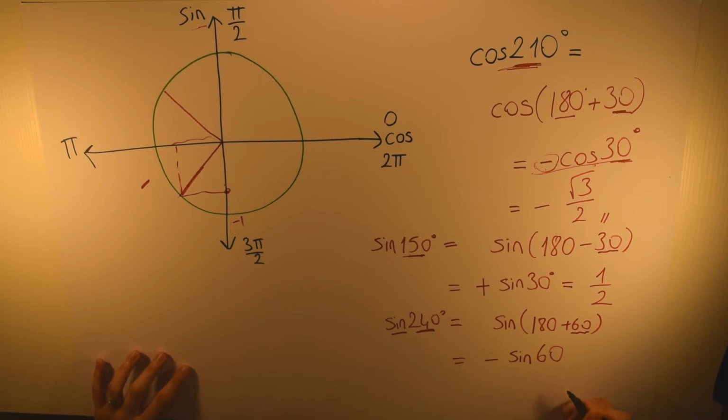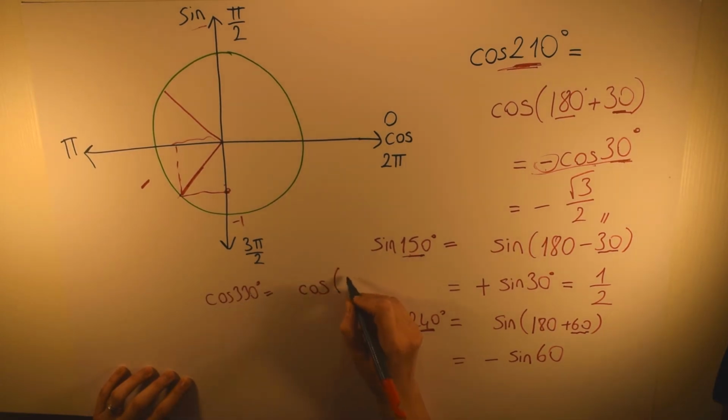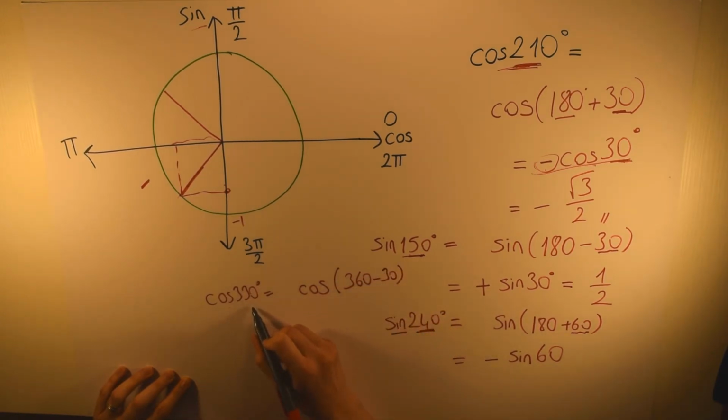For example, if I want to find the value of cosine 330 degrees, okay, it's cosine, it will remain as cosine. Now instead of 330, I can write 360 minus 30, right? This is equal to 330.